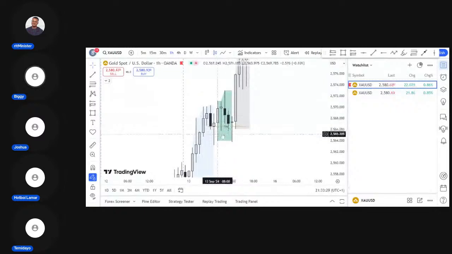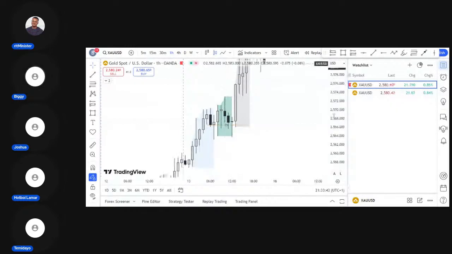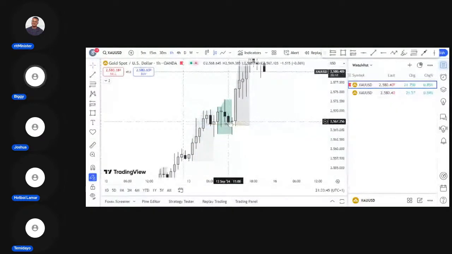Then that means this zone has been violated. And if this 1 hour zone has been violated, then rest assured, with 80-90% accuracy, that the price will definitely start reversing down to the downside.